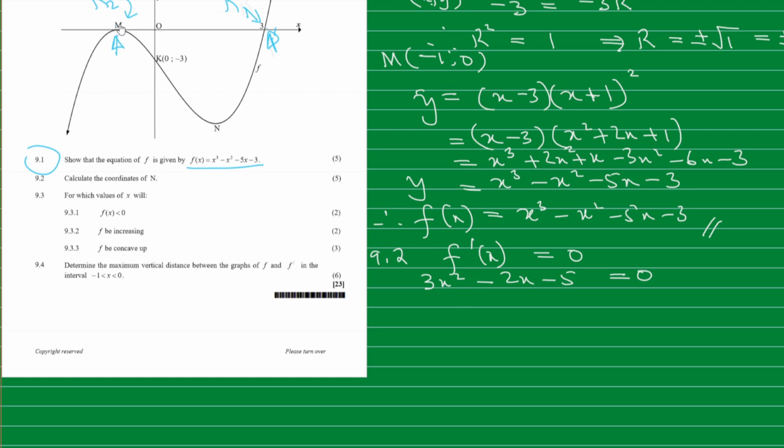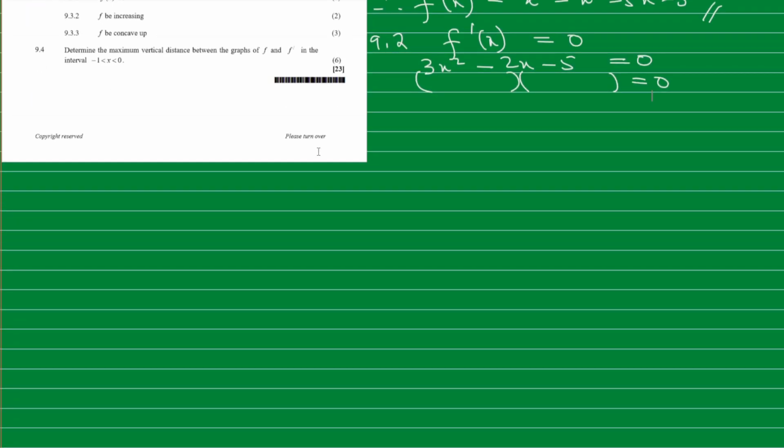From this quadratic equation, we are going to get two values of x. One will be for m, which we already know is negative 1, and the other one will be for n. So we factorize to get the solutions. That will be 3x and x. Multiplying 3 by that gives a negative 6, and the product is negative 15, so we use negative 5 and positive 3.